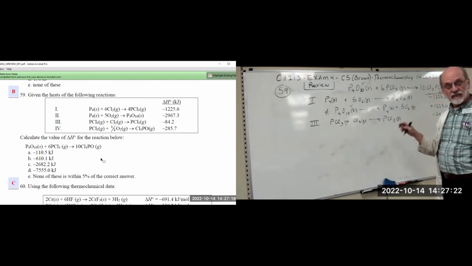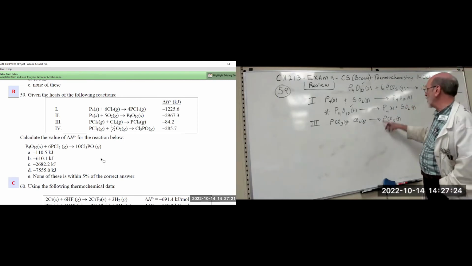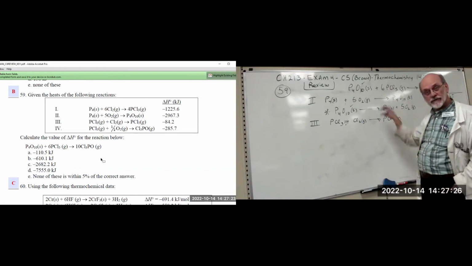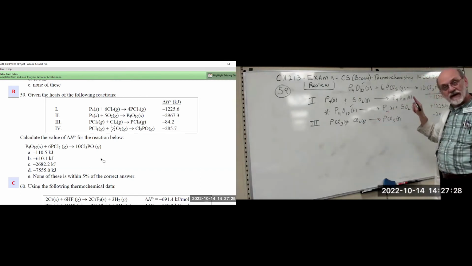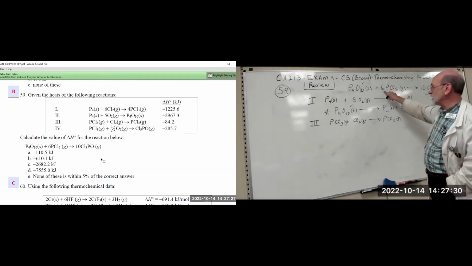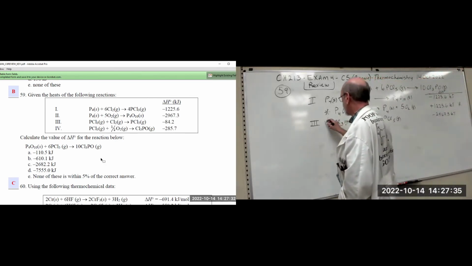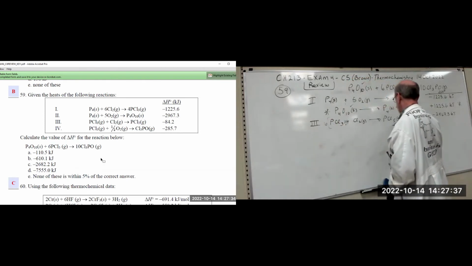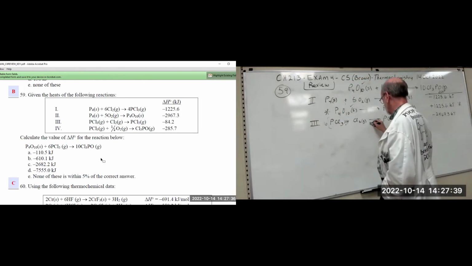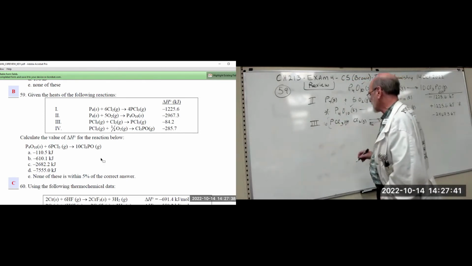All right. Same problem. Actually, more than the same problem. This is on the right-hand side of the arrow. That's on the left-hand side. So we do have to flip the equation. But we also need 6 of them. So we need to flip the equation and multiply it by 6. We need to go that direction and multiply by 6.